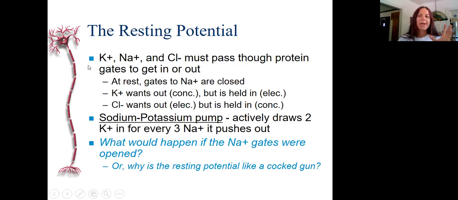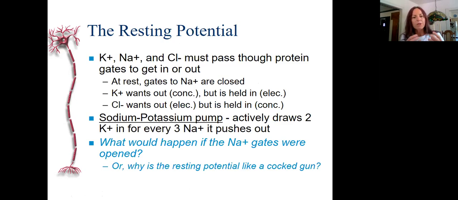Okay, so all of these things have to pass through these protein gates to get in or out. And when the neuron is at rest, when it's in resting potential, the gates to sodium are closed. So sodium can't get in at all. Potassium wants to get out by the concentration gradient, but it's held in by the electrical gradient because it wants to be in that negative 70 environment because it's positive.